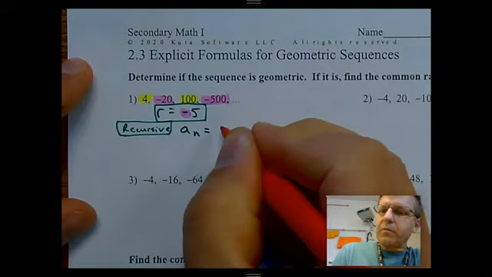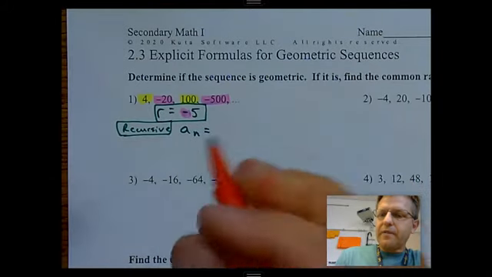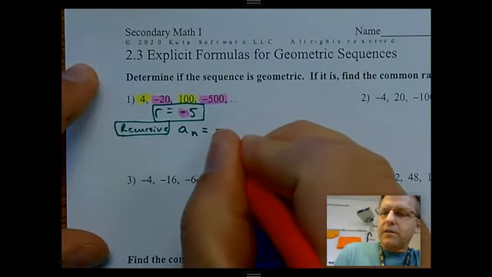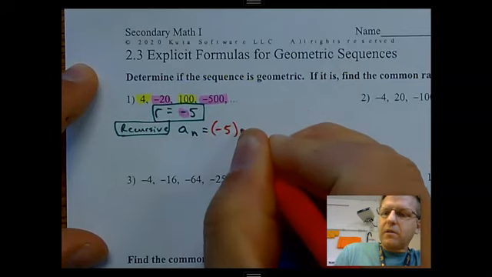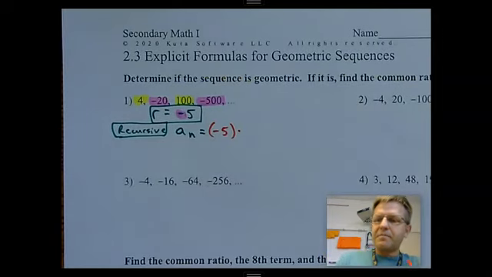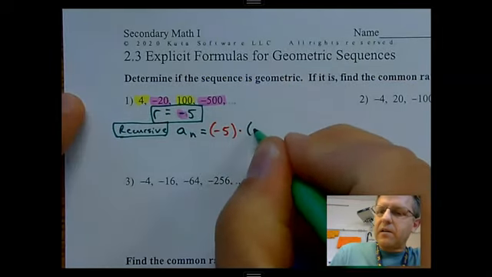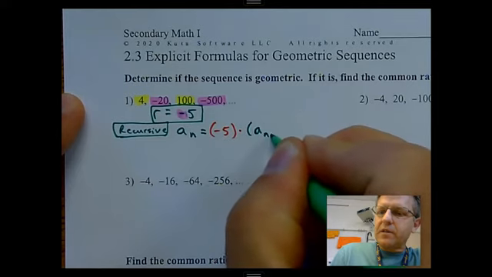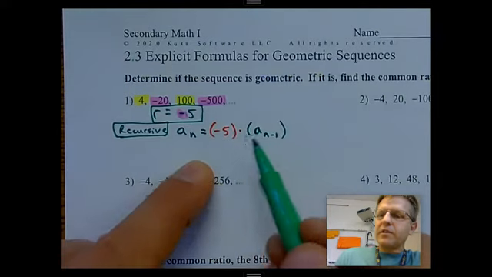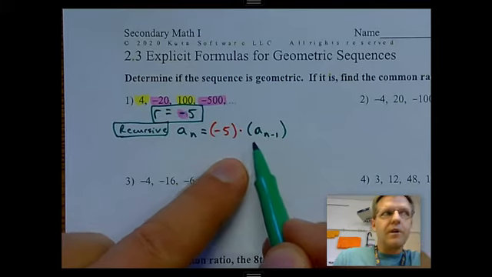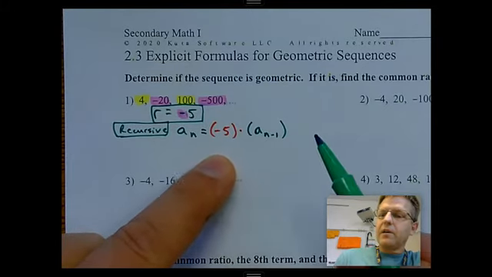We're multiplying by -5. And we're multiplying that by the previous term. So that's all this says. This says take the previous term and multiply by -5.